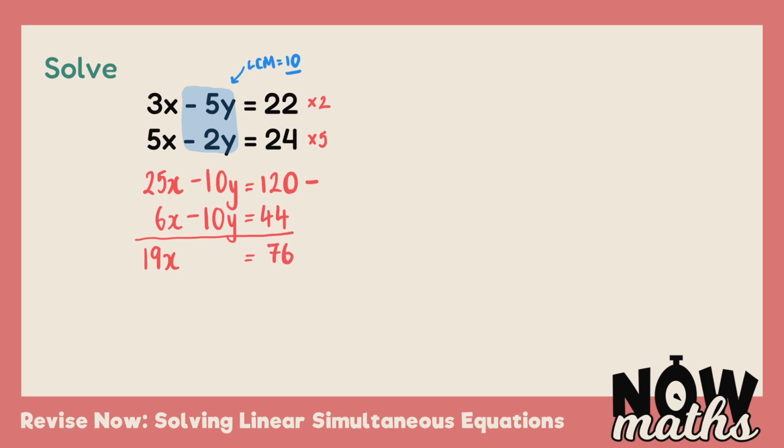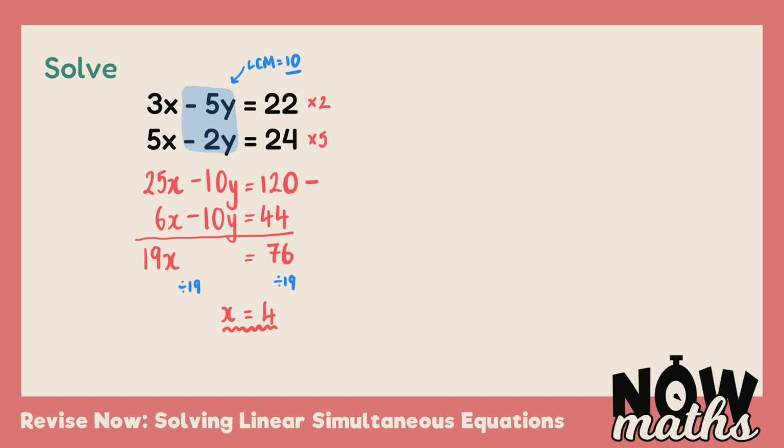So we're left with an equation of 19x equals 76. So we solve by dividing by 19, which gives us x on the left, and 76 divided by 19 is 4. So we have an x solution of x equals 4.